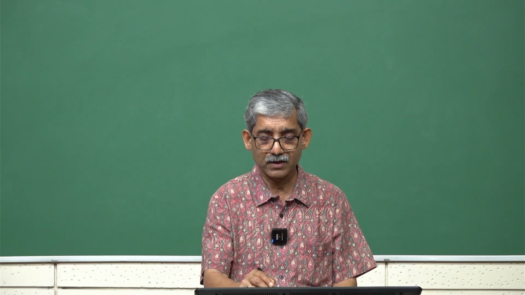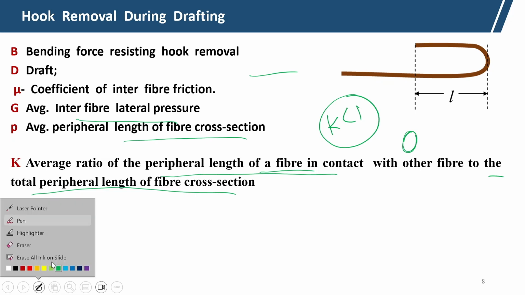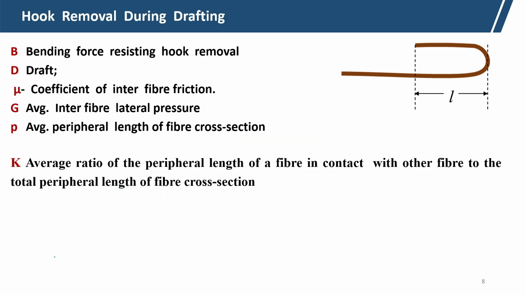So, K is less than 1. If K is 1, that means the fiber is in contact with other fibers throughout its length. That is not possible, but K is the ratio. So, the higher the K, the better will be the hook removal efficiency.